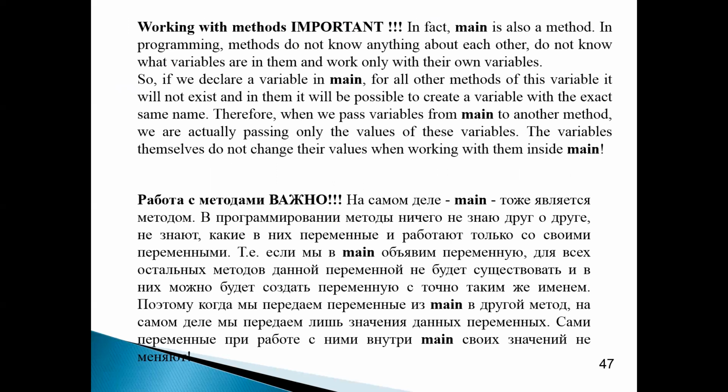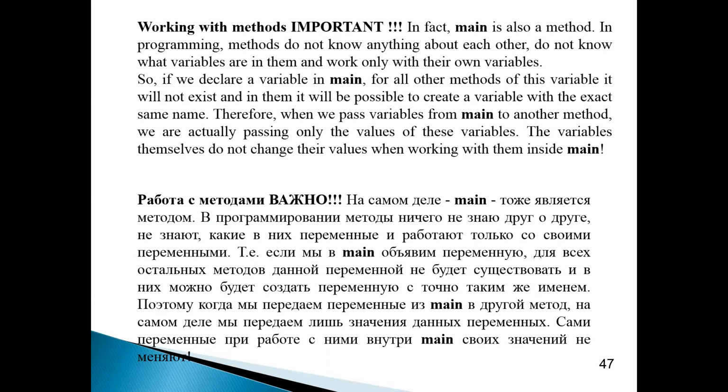Working with methods, very important. In fact, main is also a method. In programming, methods don't know anything about each other, don't know what variables are in them, and work only with their own variables.